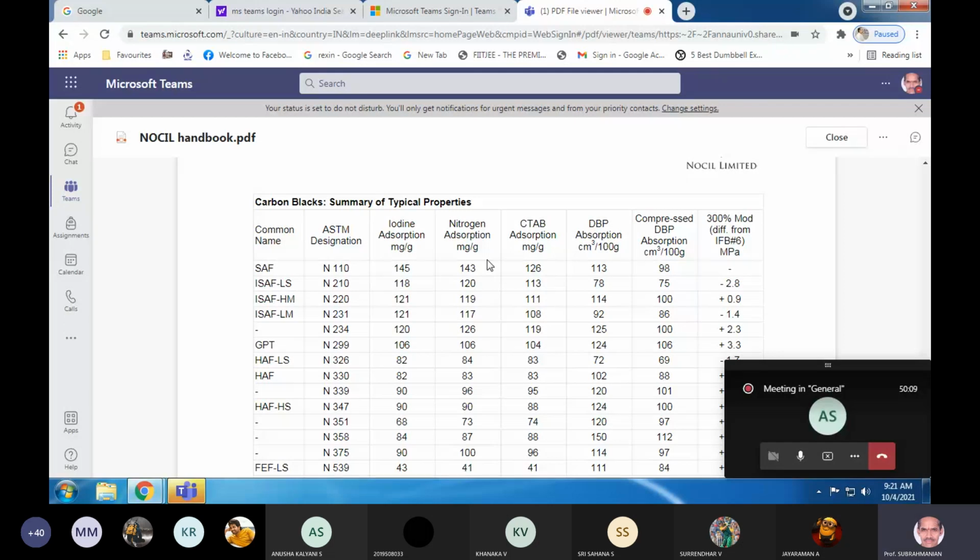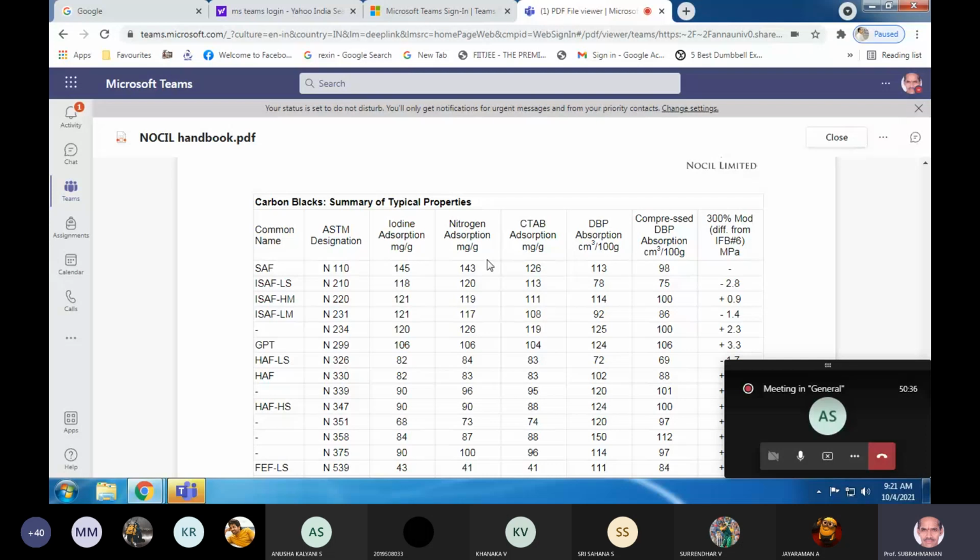Silica is gaining popularity in place of carbon black for a number of reasons. Carbon black is furnace grade; silica is precipitated silica. Okay.